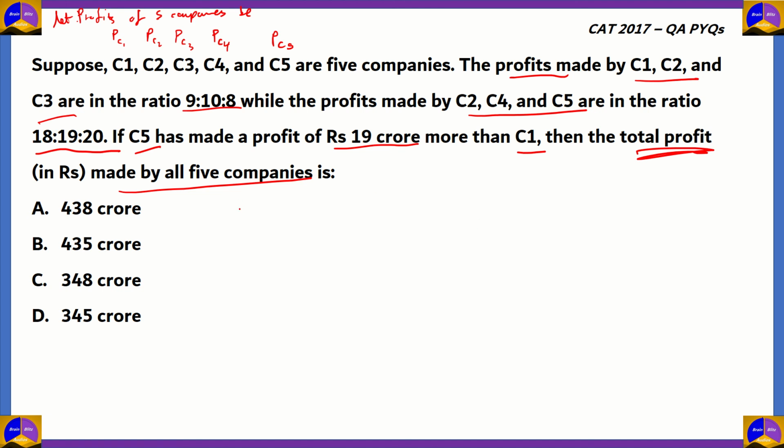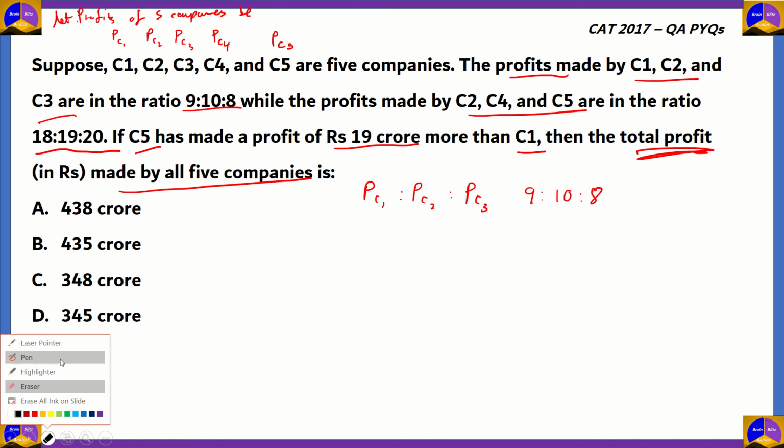Now, according to the question, what is given to us is P of C1 is to P of C2 is to P of C3 is 9:10:8. It's not equal to, it's proportionate. So P of C1 is to P of C2 is to P of C3 is proportional to 9:10:8.